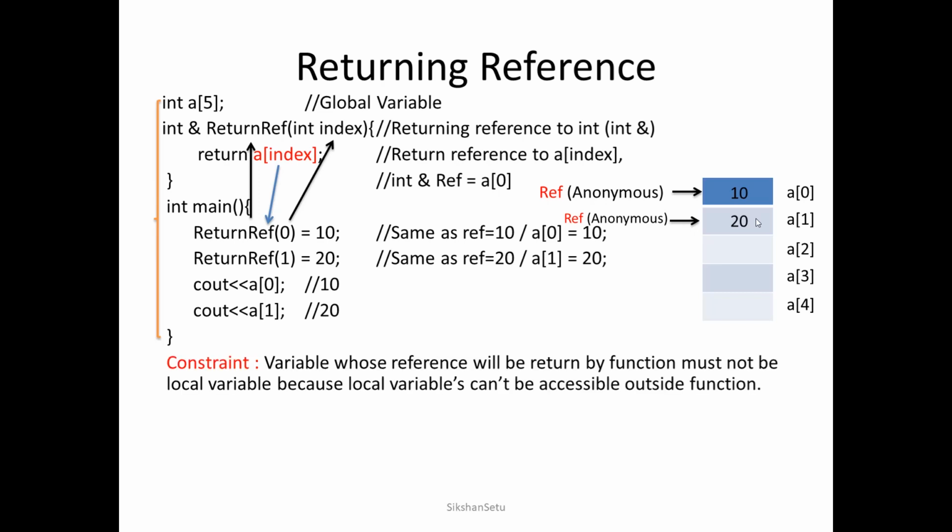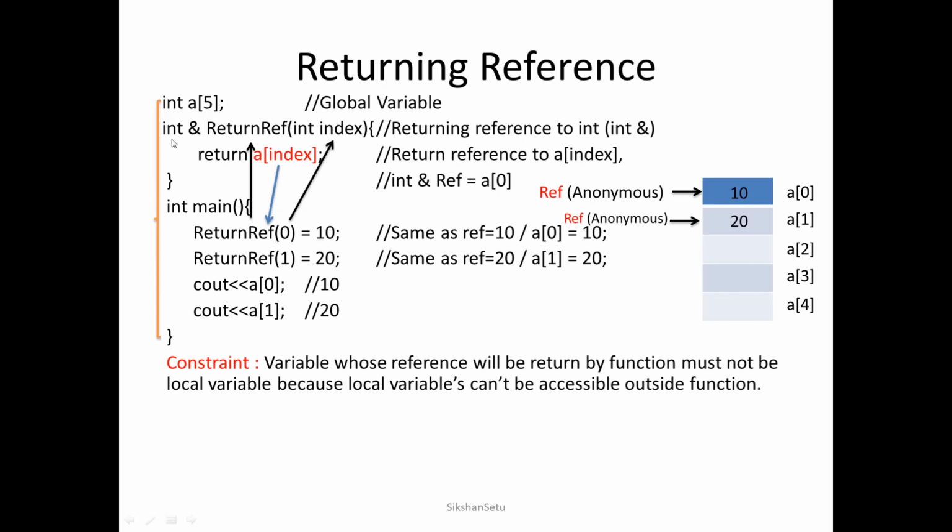Now there is a constraint: the variable whose reference will be returned by the function must not be a local variable. Why? Because if the variable is local, then the scope of that variable cannot be extended into the main function. Now let's try to understand with one example. Here a of phi is a global variable.